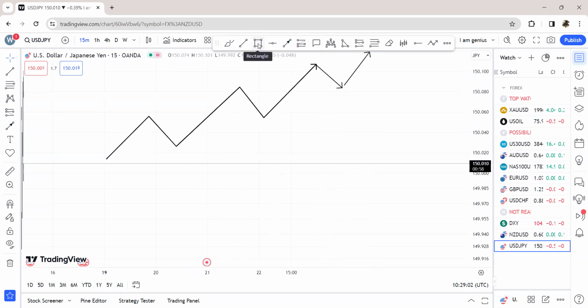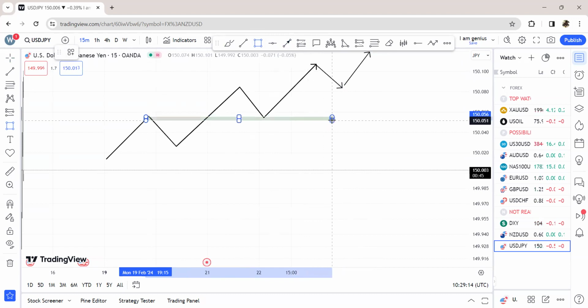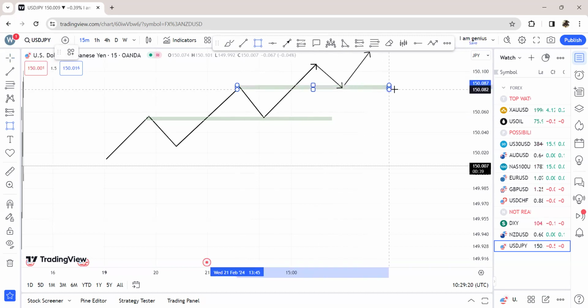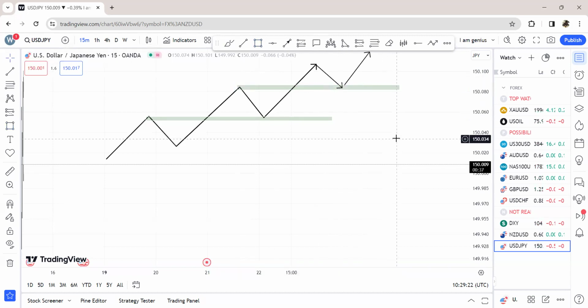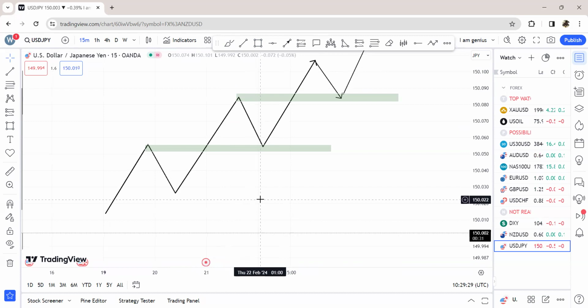Now, in an uptrend, what you really want to focus on will be the higher highs or the resistance levels, like this one here. Then another one is that one there. What I've just done here proves one important point about the market.